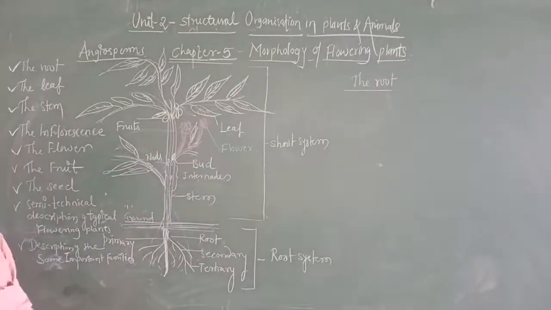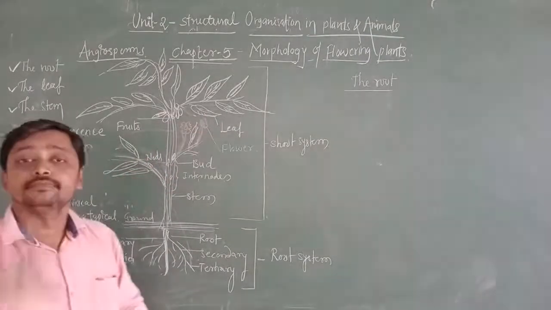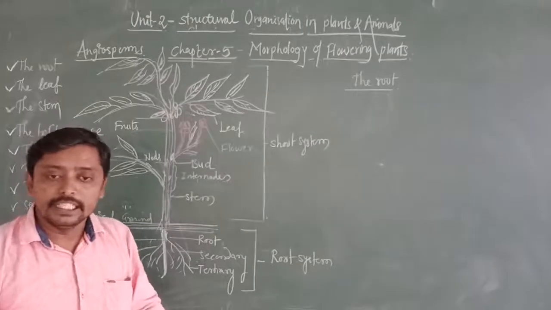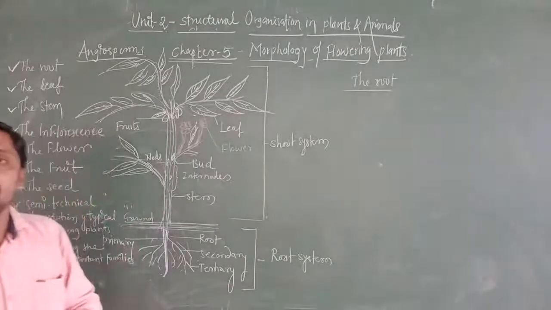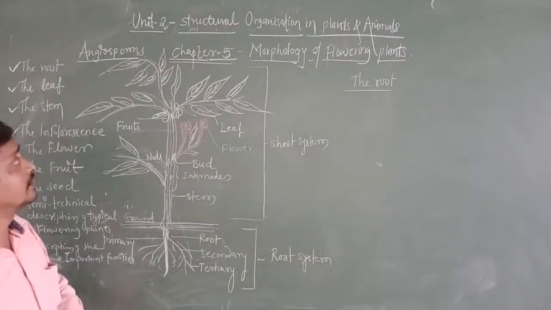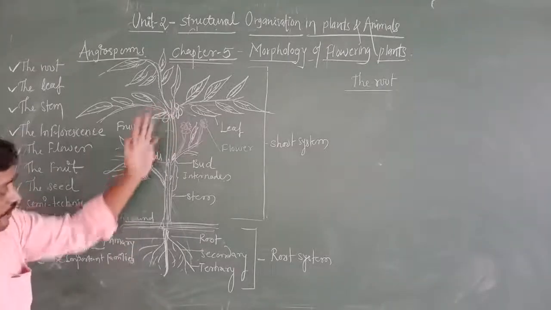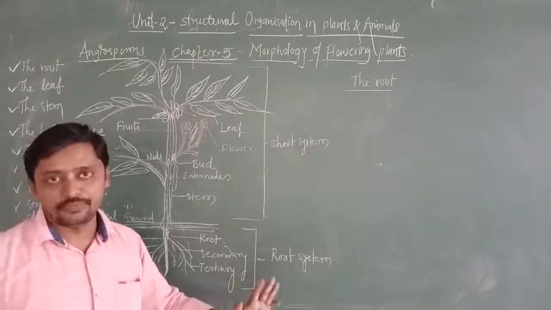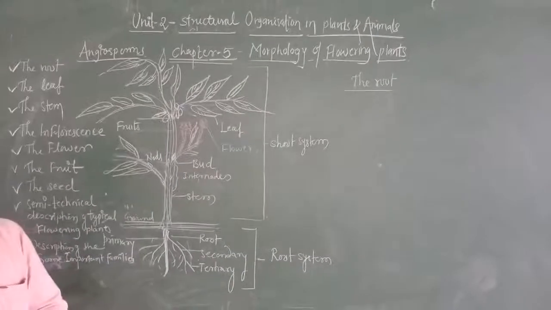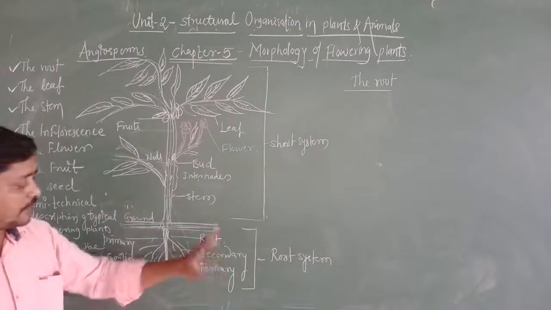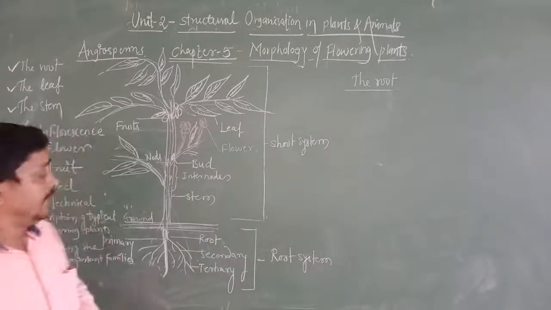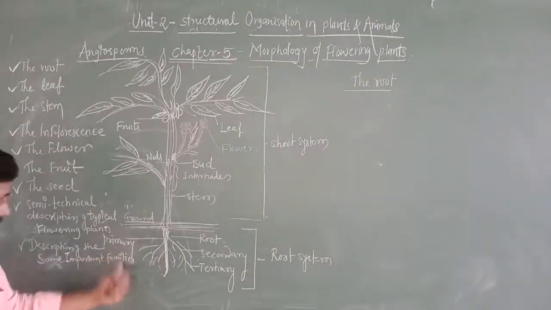And the part of the plant which is below the ground, that has entered into the ground or earth, we are going to call the root system. In the root system, there are different kinds of root systems. Here I have drawn the plant on the board.